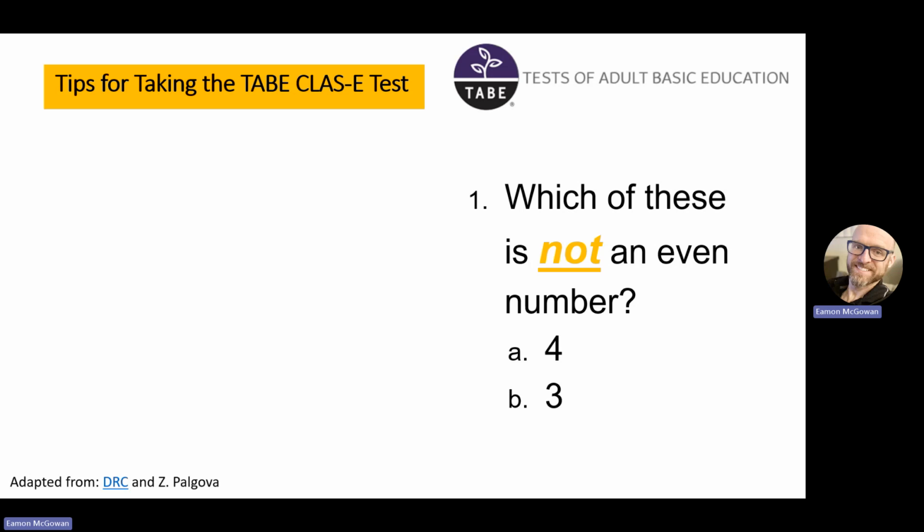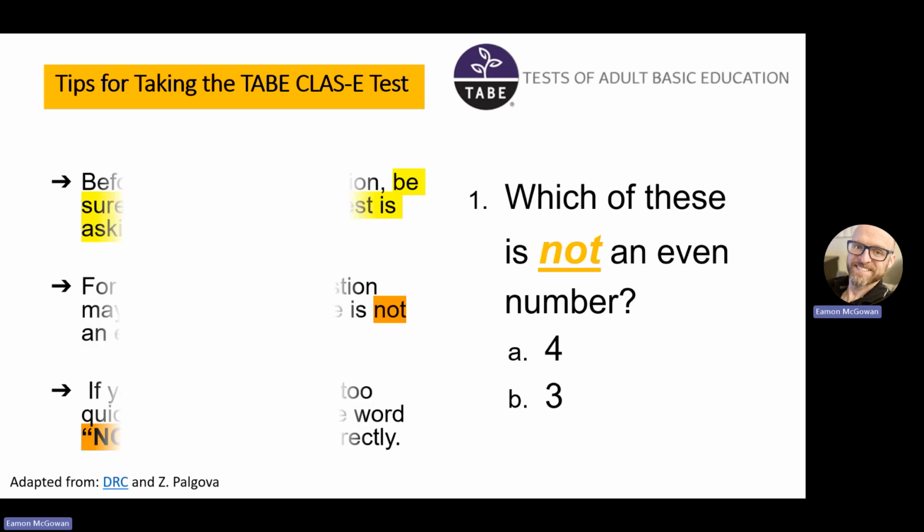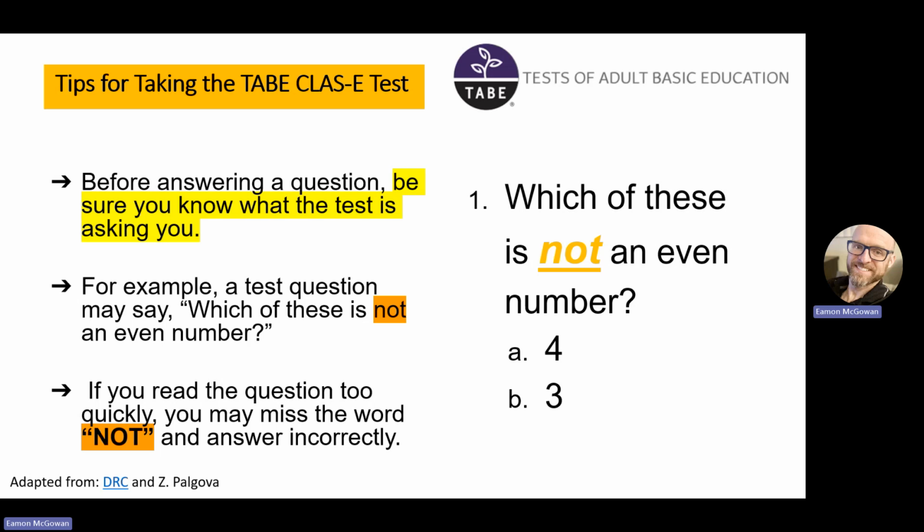They could just go right over it and see which of these is an even number, choose A and get the answer incorrect, right? So here are some bullet points that have been created for you to walk your students through the importance of reading carefully, but working quickly through the answers.